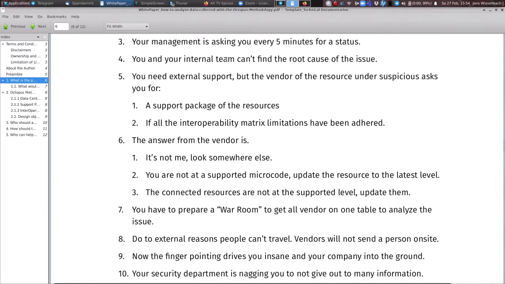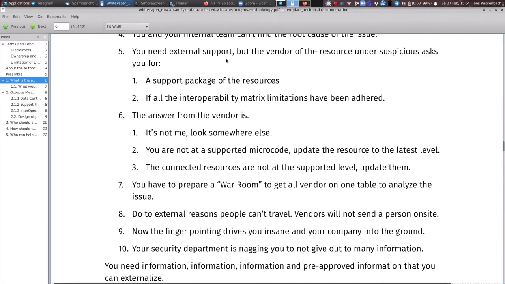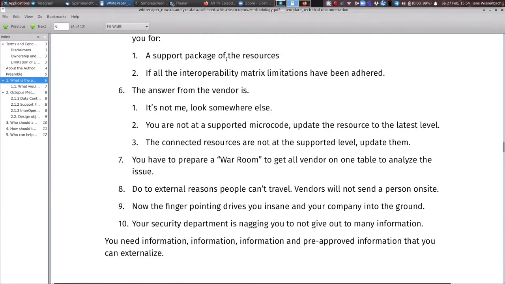You have to now open a war room with all of the involved parties to pressure them to solve your issue. Due to some external reason and travel restrictions, the vendor cannot send a person on site. Now the finger pointing drives you insane and your company into the ground.